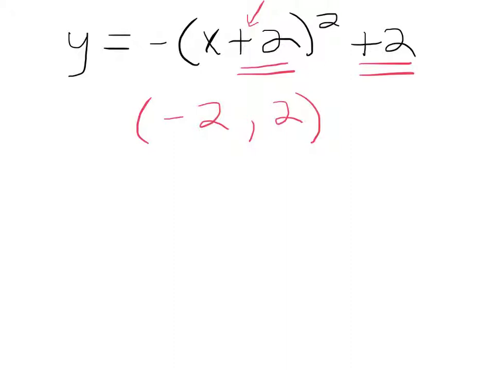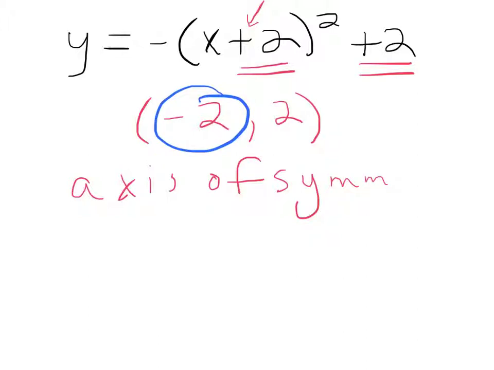The axis of symmetry is always at the x value of the vertex. So if I look at the x value here, it's going to be at x equals -2. Okay, so that takes care of the axis of symmetry and the vertex.